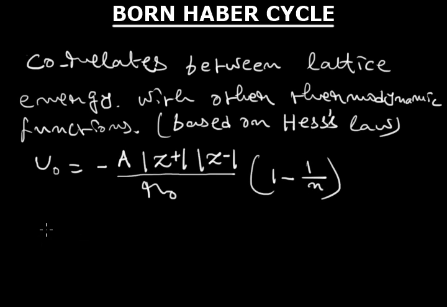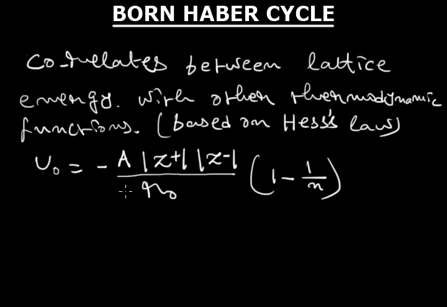Actually, the definition of lattice energy is the amount of energy released when 1 gram formula weight of an ionic solid is formed from the required number of cations and anions, is called the lattice energy of that ionic solid.